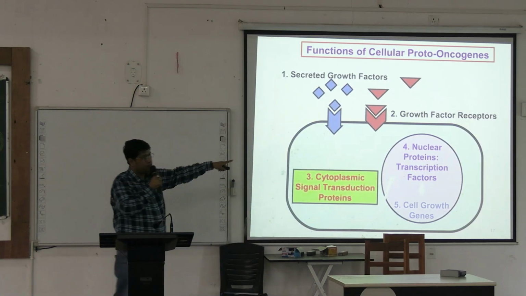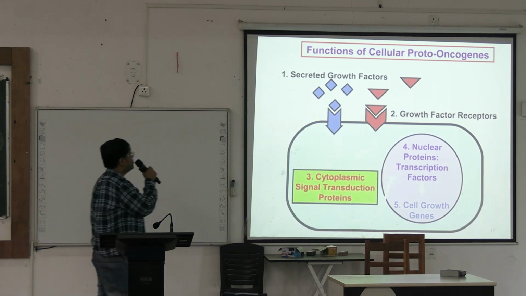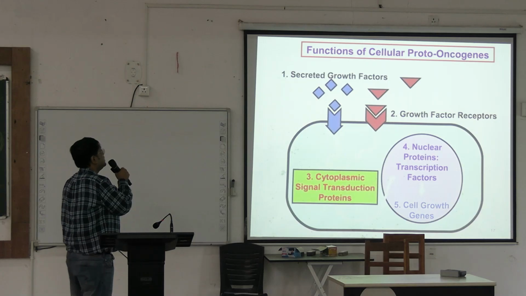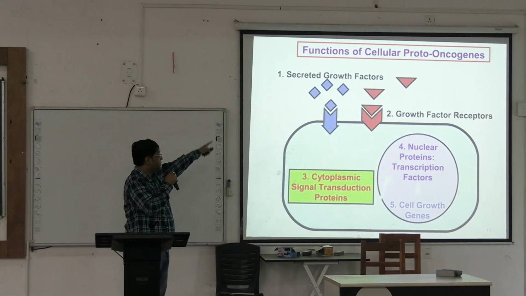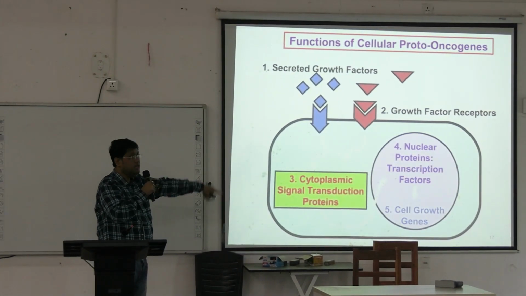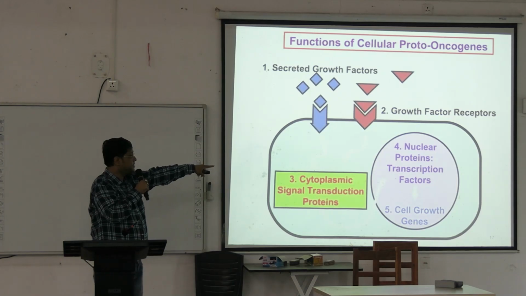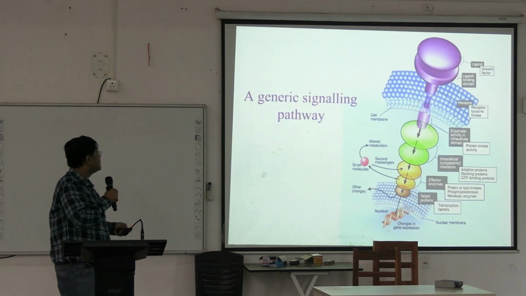This is the pathway in which cellular proto-oncogene activation works: secretion of growth factors, activation of growth factor receptor, then cytoplasmic signal transduction, then nuclear protein transcription factors, and lastly cell growth genes.